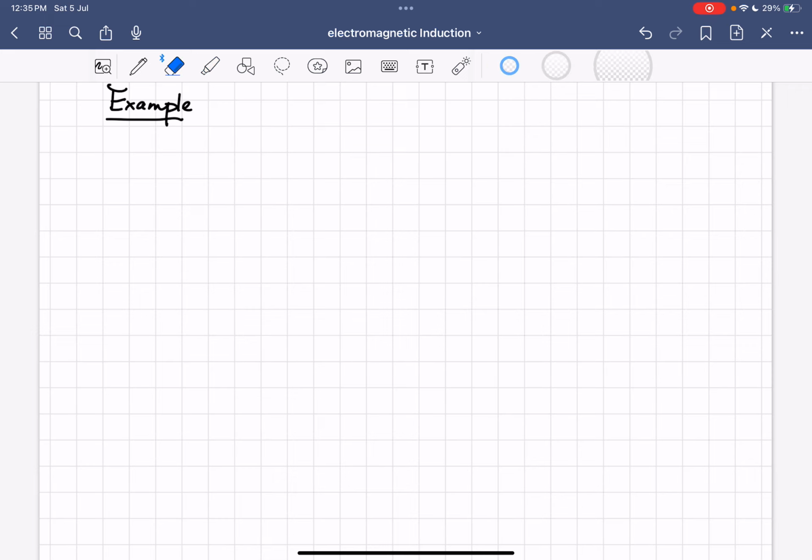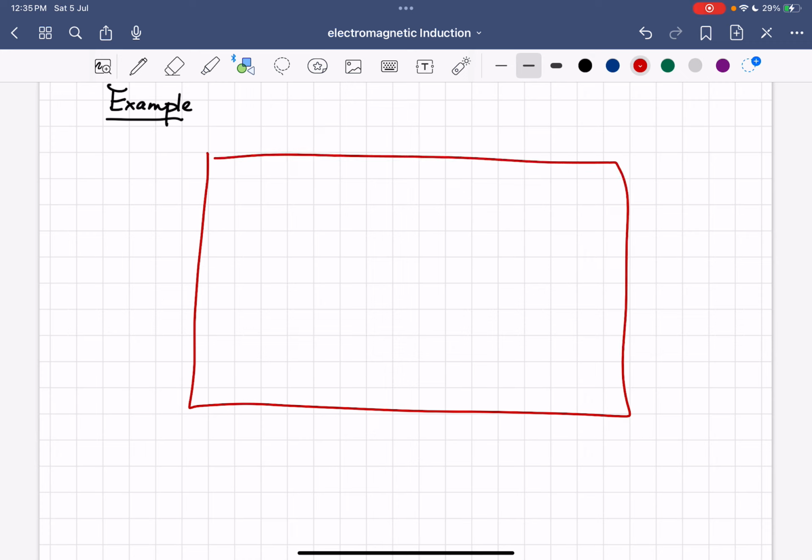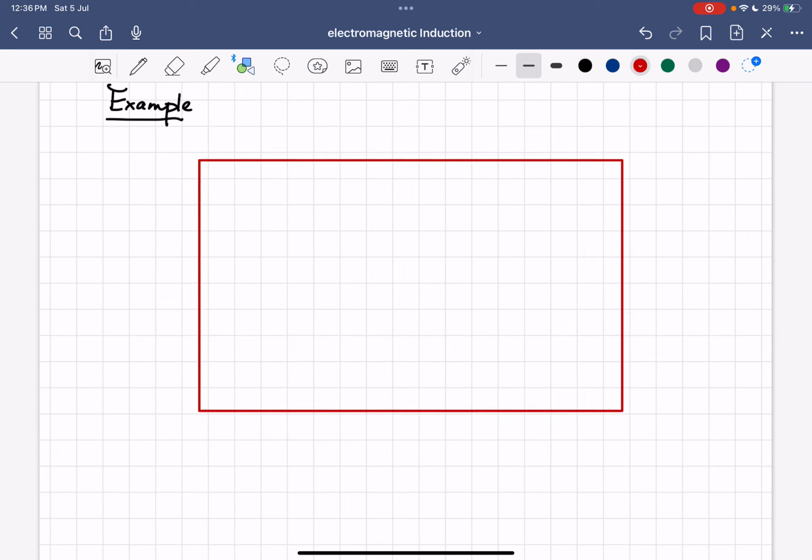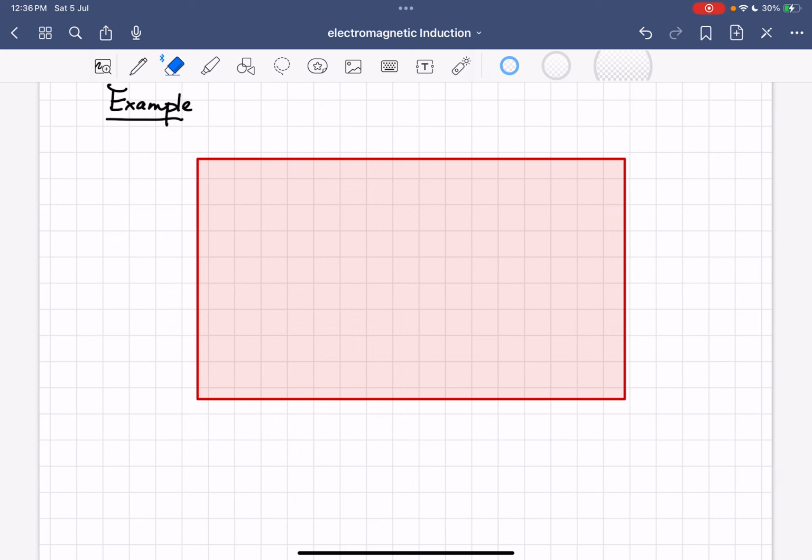Okay, good. The region with magnetic field. So this is a B field. Let's suppose, just for concreteness, we call it B into the page.